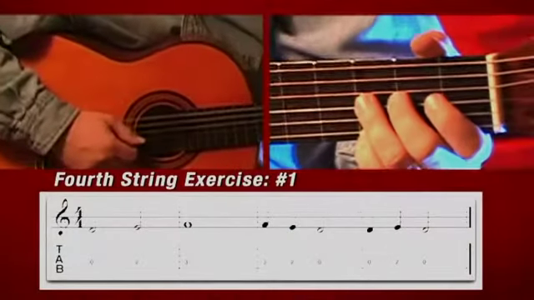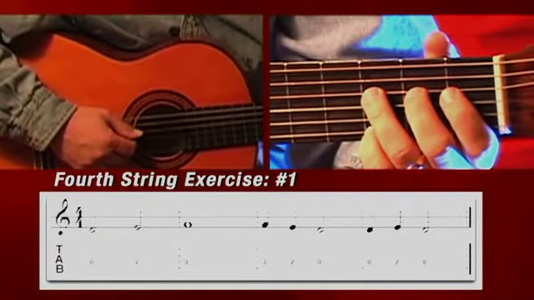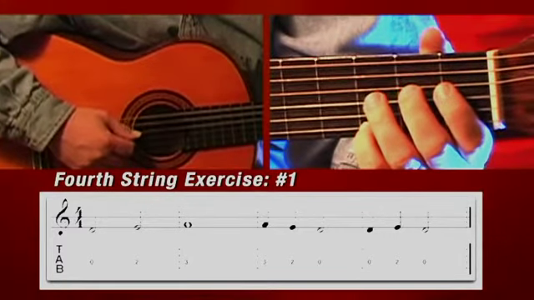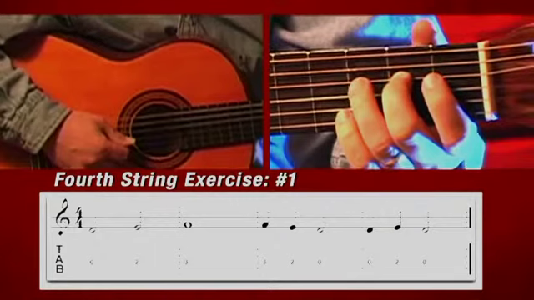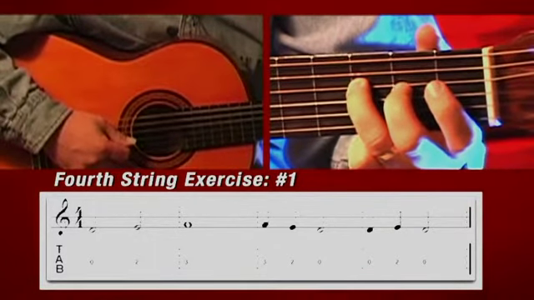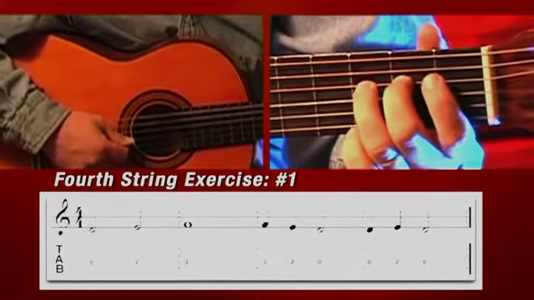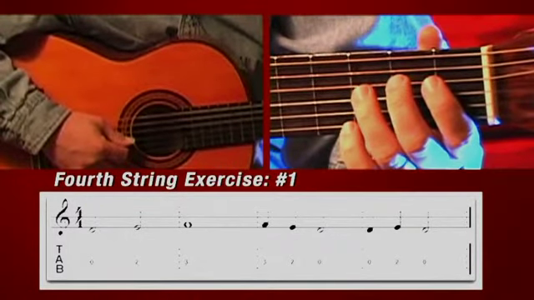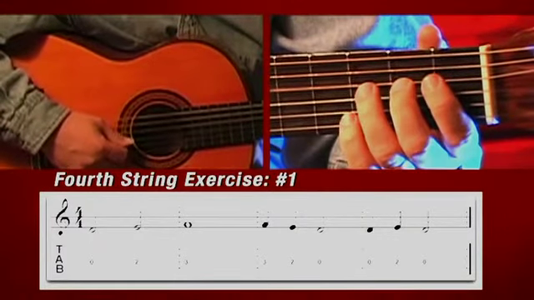Let's try a couple of these 4th string exercises. If you look at the first one, it starts out with a D on a half note. Let's play. Ready? Go. Then E, then an F, 2, 3, 4. Stays on that F. 1, 2.